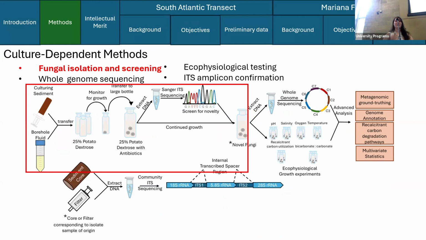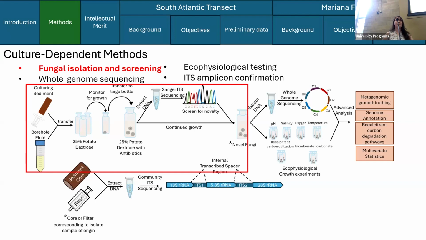And once we see growth, we transfer that into a larger media bottle with antibiotics so that we're not bringing along any bacterial tag-alongs. And once we have enough growth, we'll extract the DNA and sequence that for their internal transcribed spacer region, which is a taxonomic gene marker for identifying fungal community members.